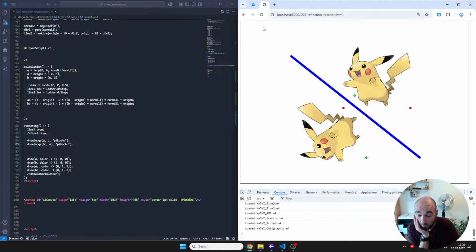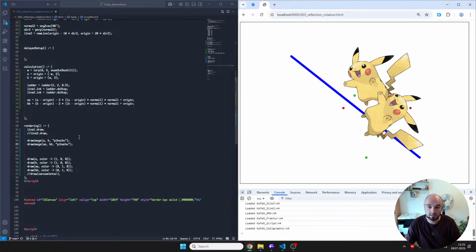Oh my god. Why? And let's make that transparent. So if anyone can explain this to me, that would be nice. So we have the solid Pikachu spanned between the red points. And then we have the reflected points.